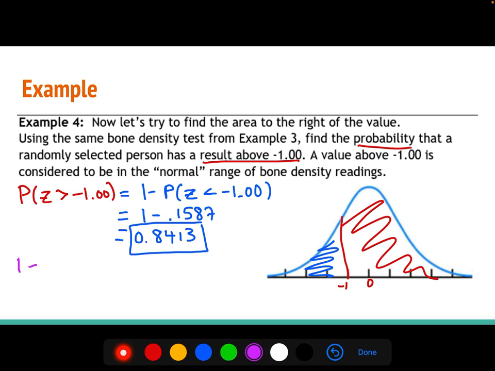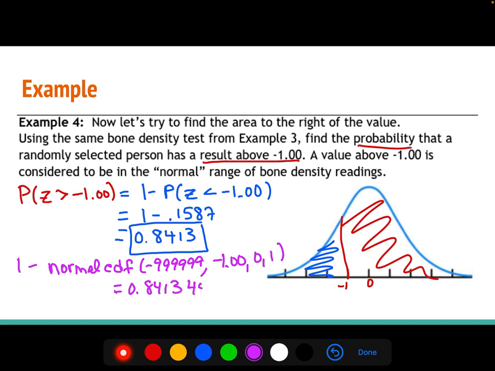Or if I want to use my calculator, I would do 1 minus the normal CDF of my negative with all my 9s, comma, -1, and 0 and 1 because it's standard normal, and it's going to tell me the same thing, 0.8413. My calculator gives a little bit more digits, but again, we round.